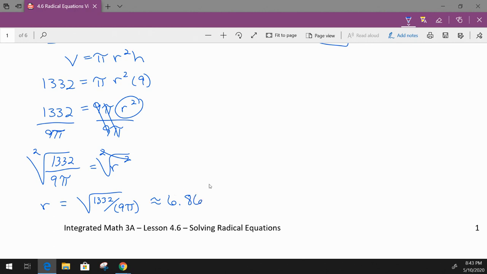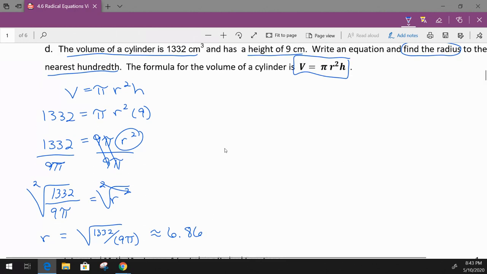6.86. Now, when it comes to the labeling, the radius or the height was in centimeters. Your volume was centimeters cubed. So your radius is a one-dimensional length. So that would also be centimeters.